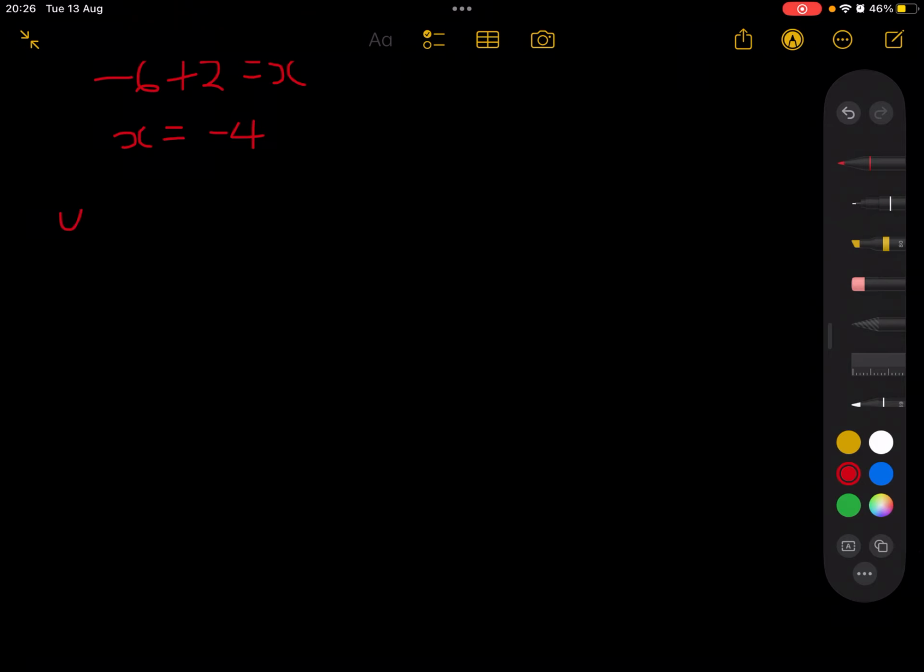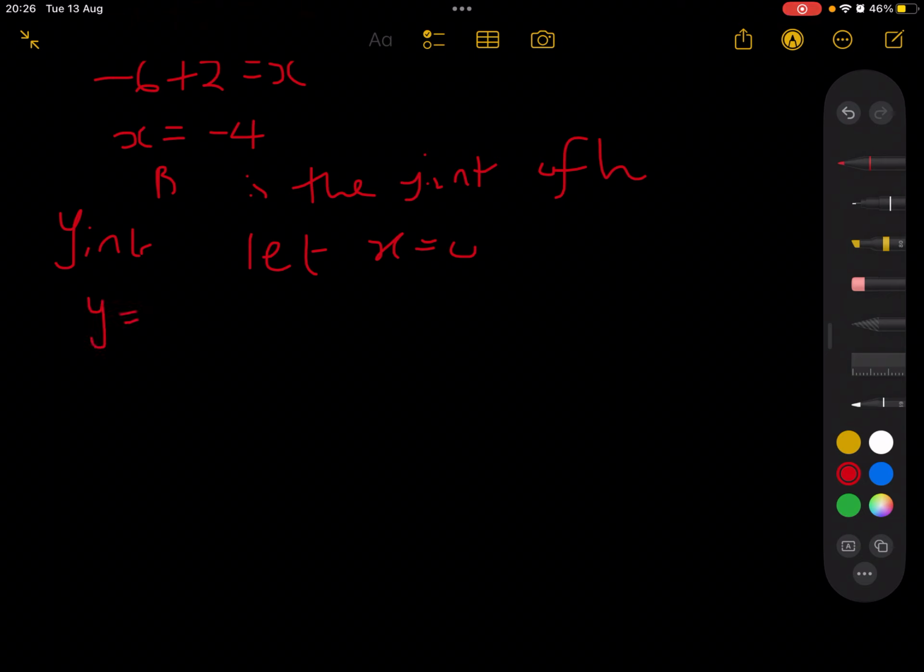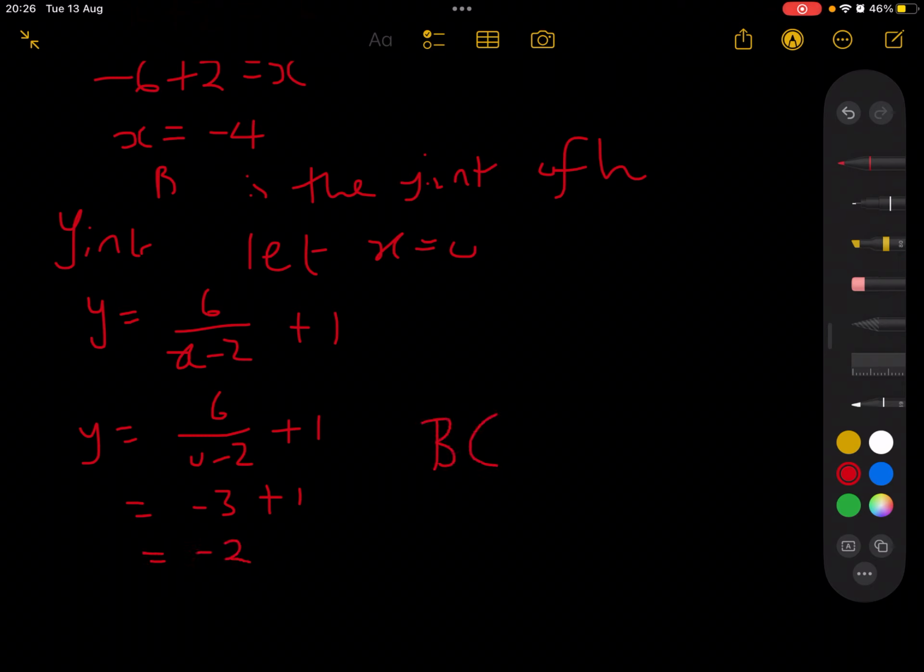For the y-intercept of h, we let x be equal to 0, so y is equal to 6 over 0 minus 2 plus 1, which is a negative 3 plus 1, which is equal to negative 2. Therefore, B is the coordinate (0; -2).